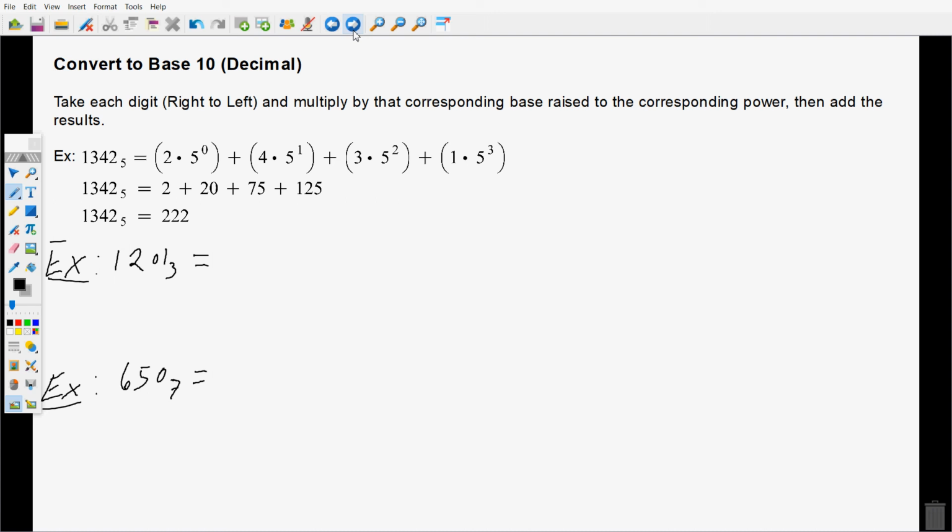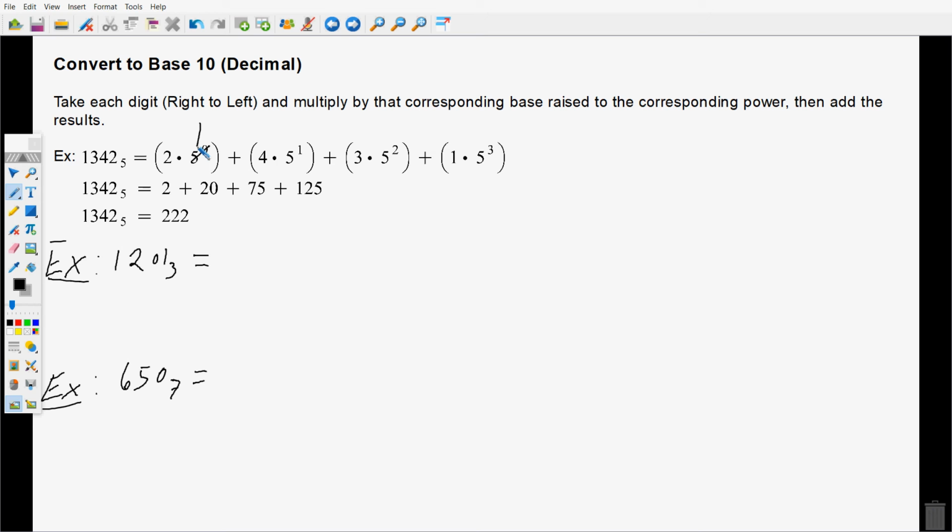I just punched those groups, one at a time, into a calculator. 5 to the 0 power, or anything to the 0 power, is always going to become 1. So in this first group I have 2 times 1. Anything to the first power is just the base itself. So I have 4 times 5, which is 20. And then I have 3 times 5 squared.